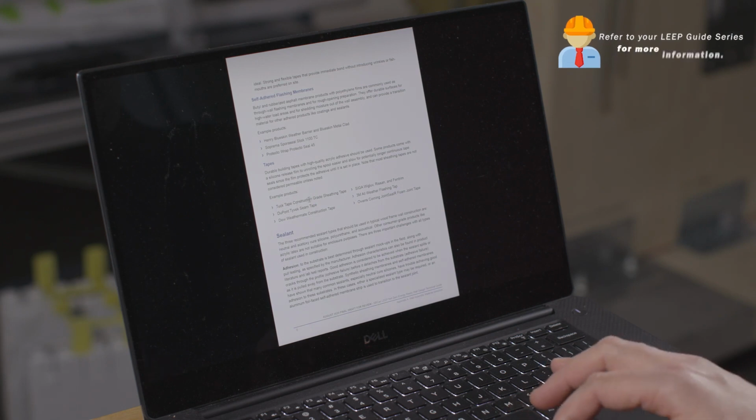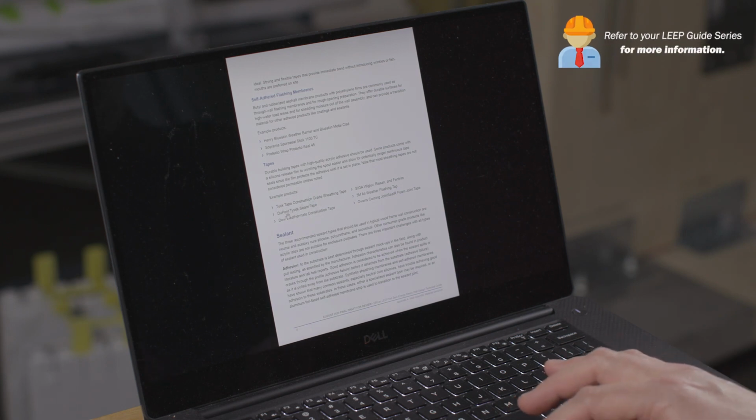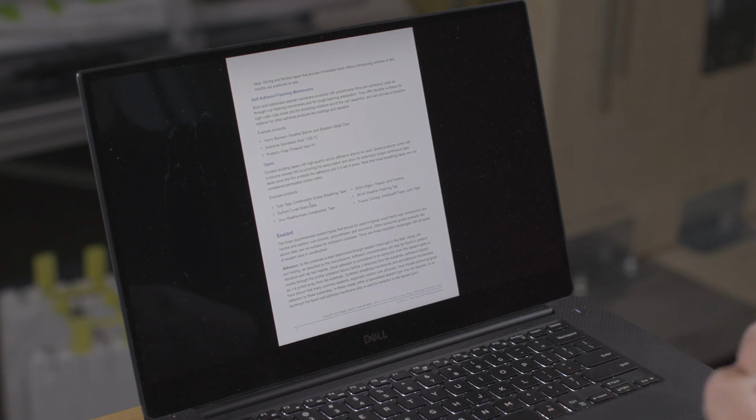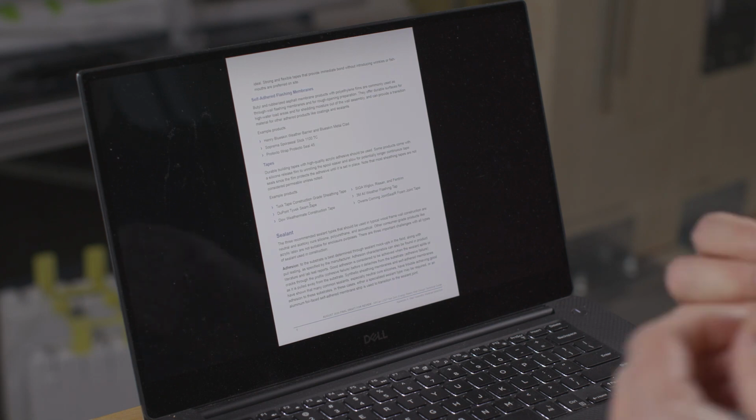Tapes. Tapes are used as part of the air and water resistant barrier. The key thing with tapes is to understand there's a wide range of different types of tapes. Sheathing tapes, things like Tuck Tape and Tyvek tape, are examples of more rigid tapes, but they're really good for sealing up sheathing membranes.